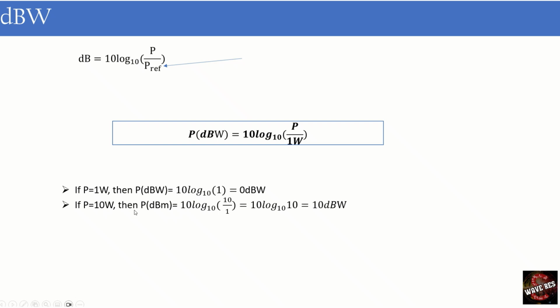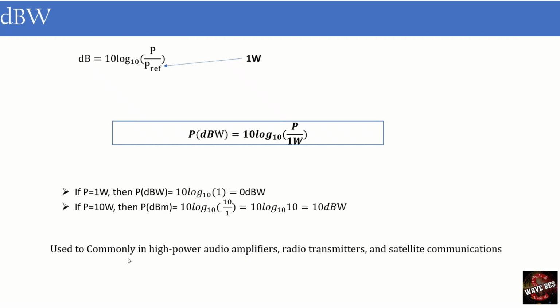So if it is 10 watt, that will be 10 dB. dBW is used commonly in high power audio amplifiers, radio transmitters, and satellite communication systems.